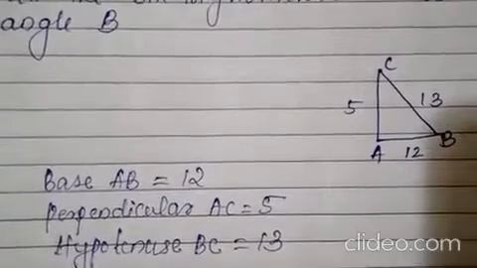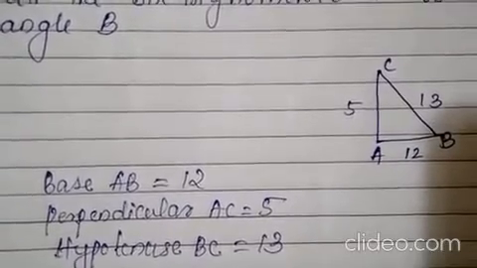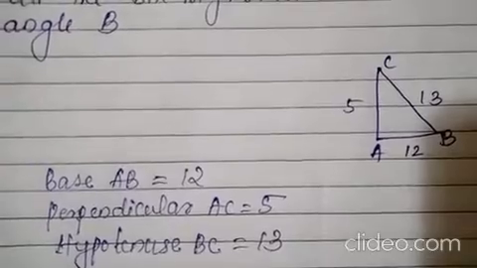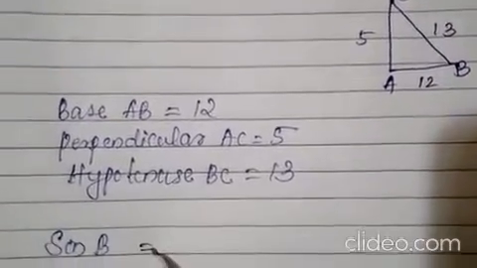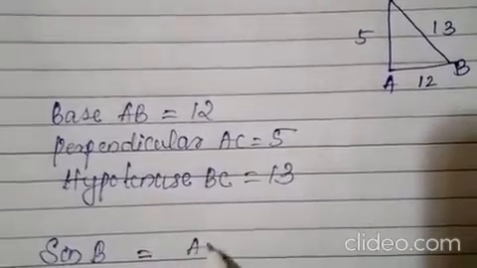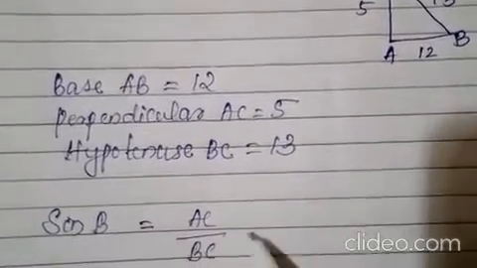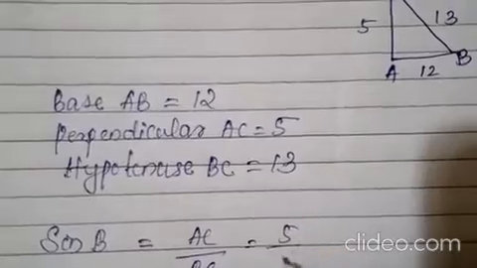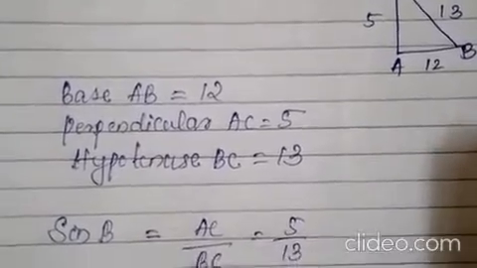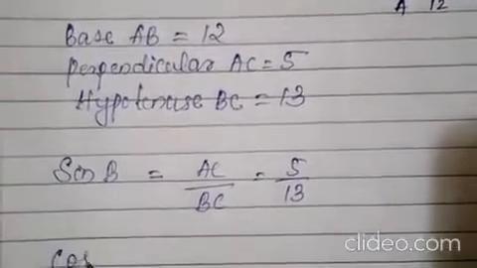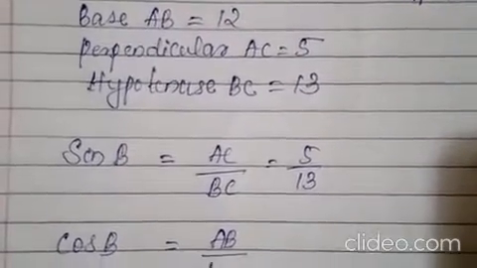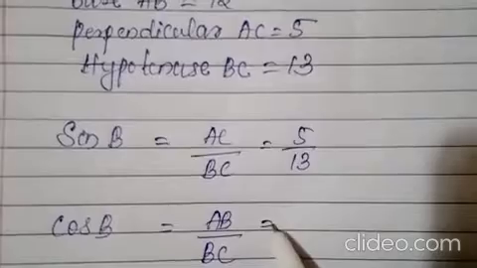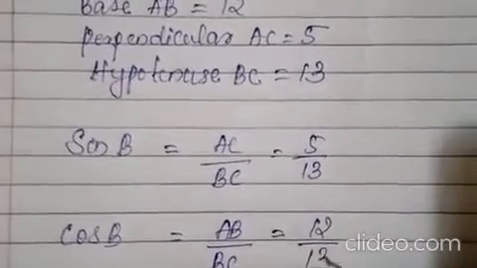We have to find all the 6 trigonometric ratios. The first one is sin B. Sin B equals AC by BC, that is 5 by 13. And the next one is cos B, that is AB by BC equals 12 by 13.